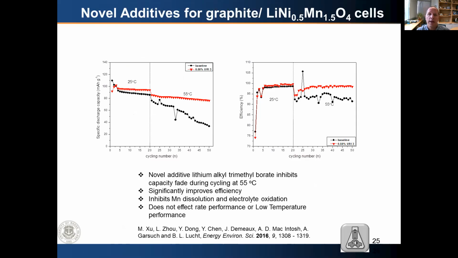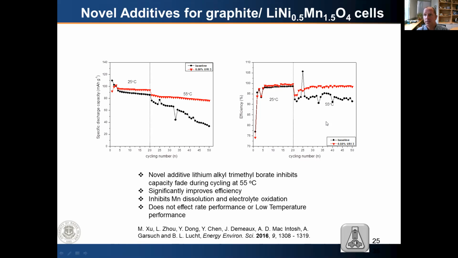When we incorporated these lithium alkyl trimethyl borate species into the graphite lithium nickel manganese oxide cells, we observed a significant improvement in the capacity retention upon cycling at 55 degrees centigrade, and also, for the first time in our observation, a significant improvement in the overall efficiency.